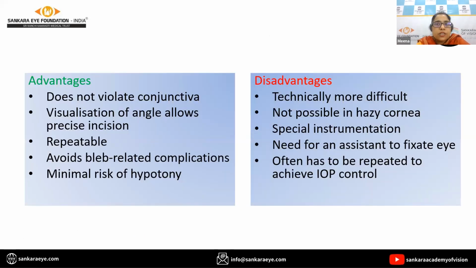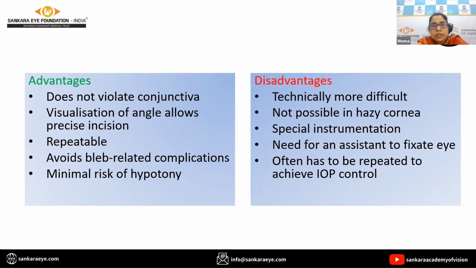So what are the advantages and disadvantages of this procedure? Advantages: it does not violate the conjunctiva, so we are not making any conjunctival cut. Visualization of the angle allows a precise incision, and it is repeatable. We can repeat the procedure in other angles also, blood-related complications are not there, and there is a very minimal risk of the baby's eye going into hypotony.